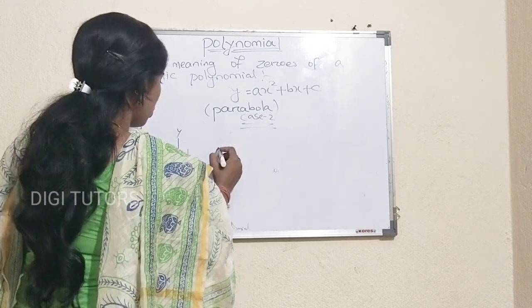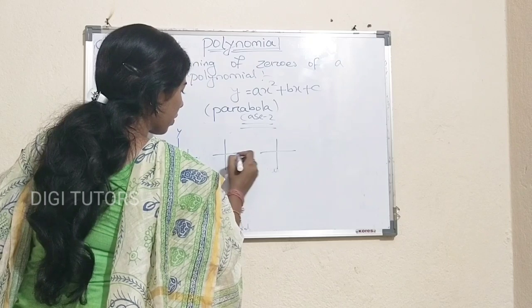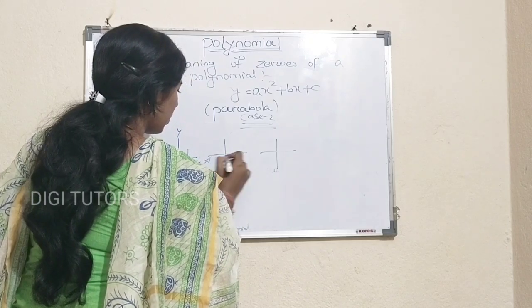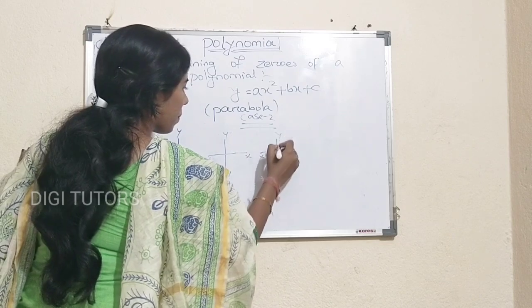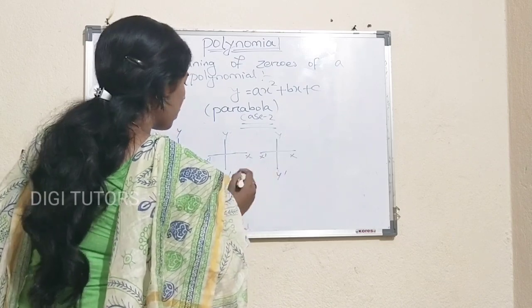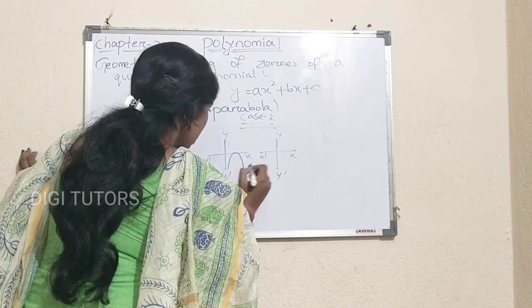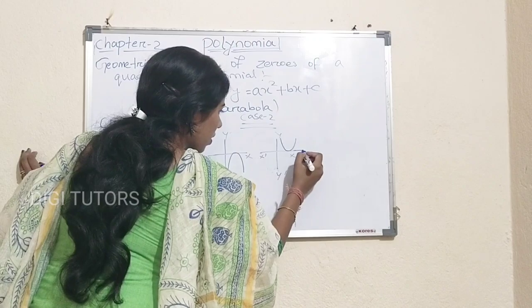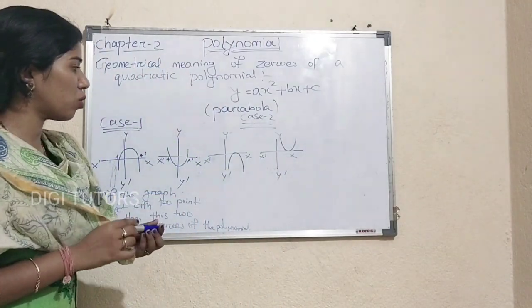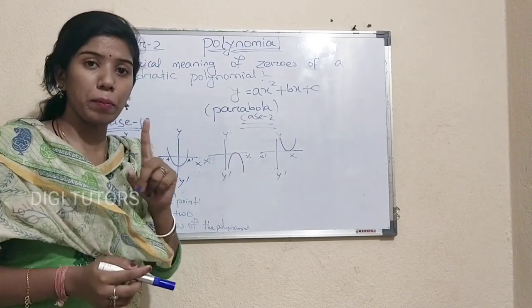What is case 2? In case 2, the graph cuts the x-axis at only 1 point.